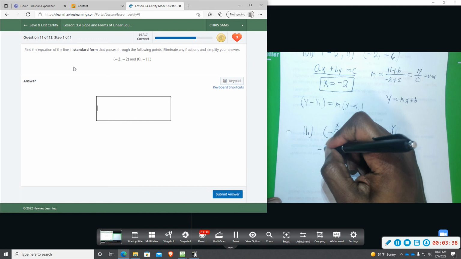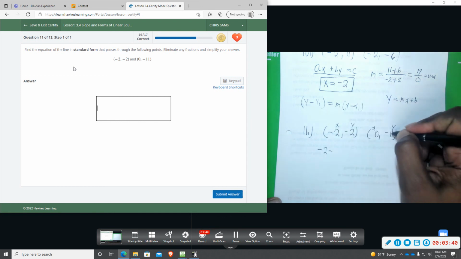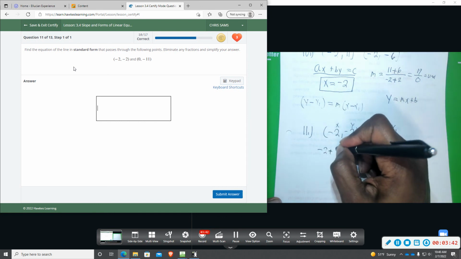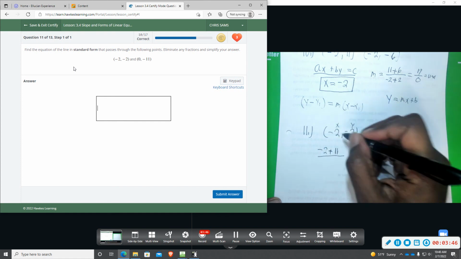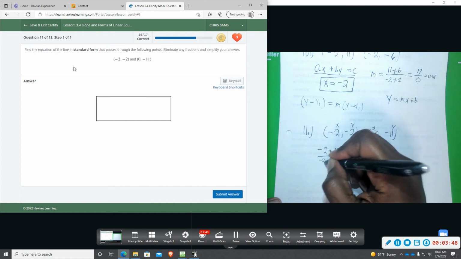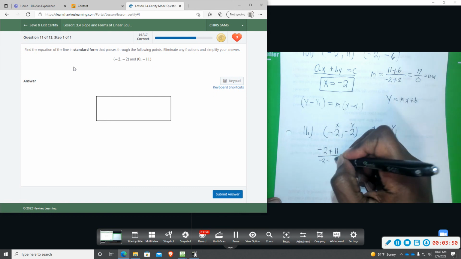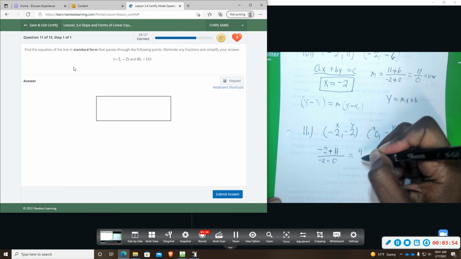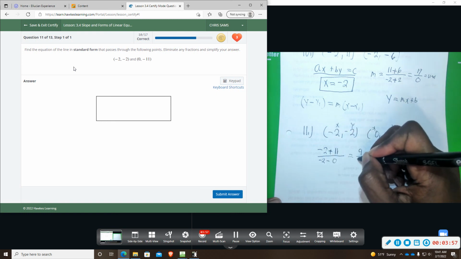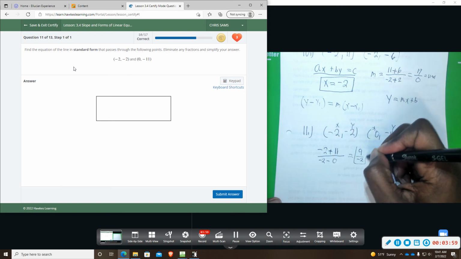So -2 minus a -11. So minus a negative becomes positive, over my x, -2 minus 0. This will give me +9. This will give me -2. So my slope is -9/2.